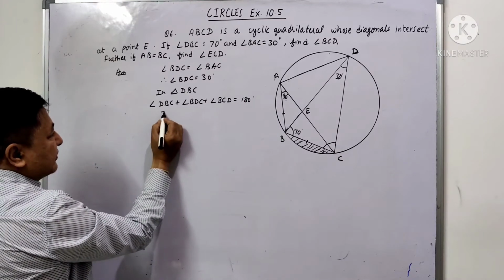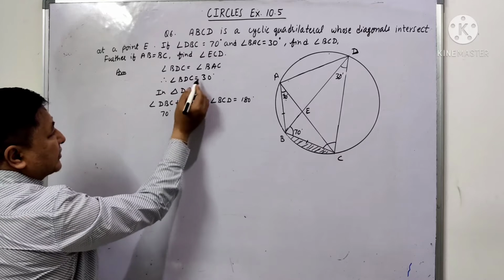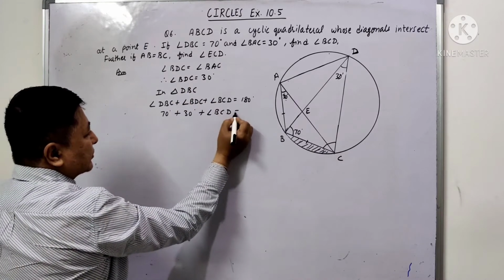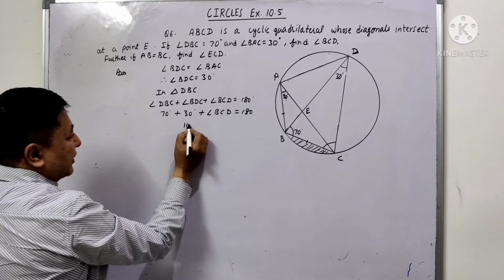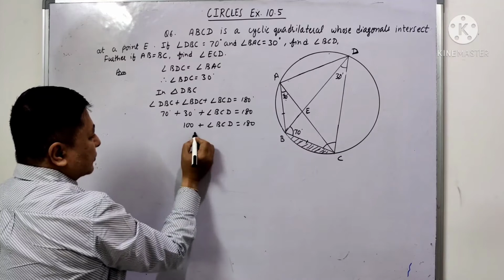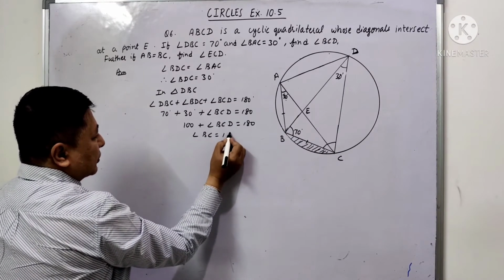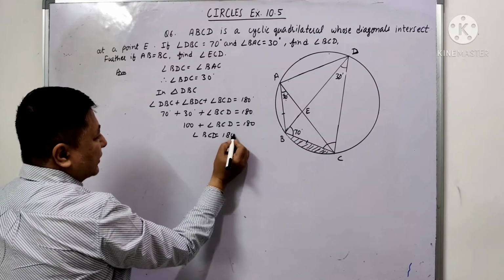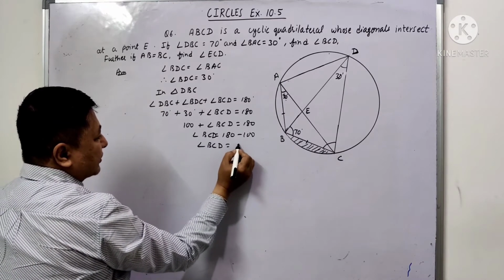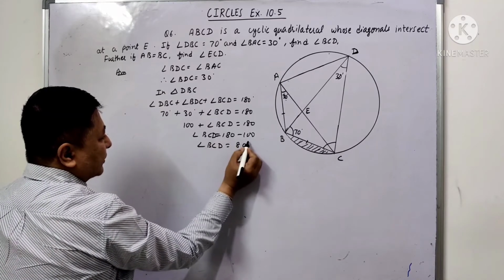Angle DBC is 70 degrees, angle BDC we have calculated, that is 30 degrees, plus angle BCD is equal to 180. So this becomes 100 plus angle BCD is equal to 180. So angle BCD is equal to 180 minus 100, and angle BCD will be equal to 80 degrees.